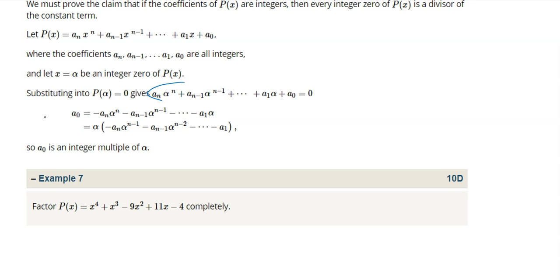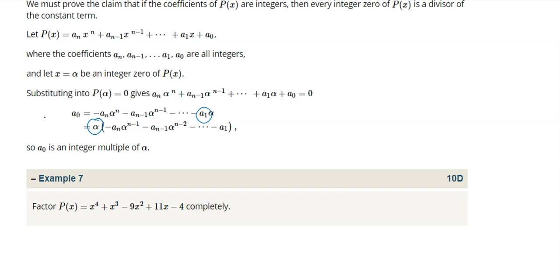If I move everything else to the other side, it becomes negative, and then we could factor an alpha out of it, because all of the x's are replaced with alphas. Therefore a0 is an integer multiple of alpha, because alpha is a factor of a0, which was the constant on the end.